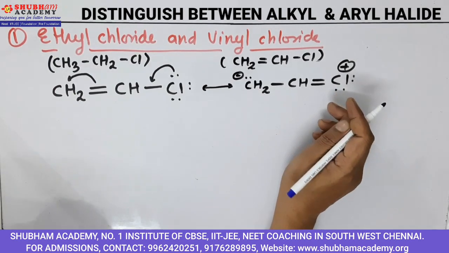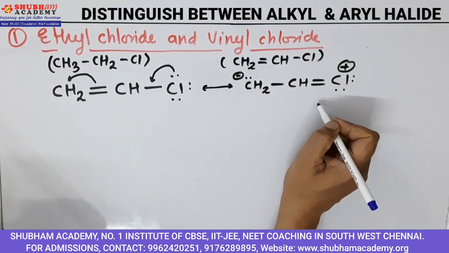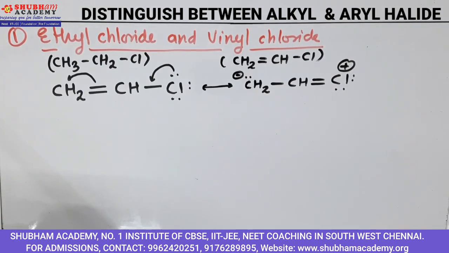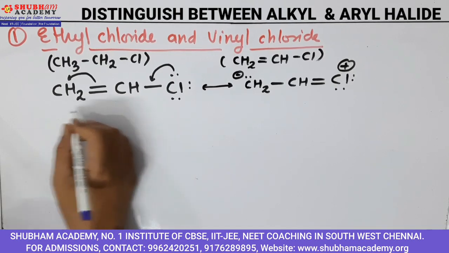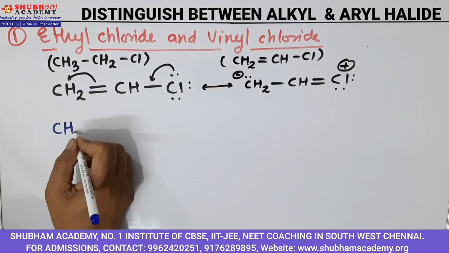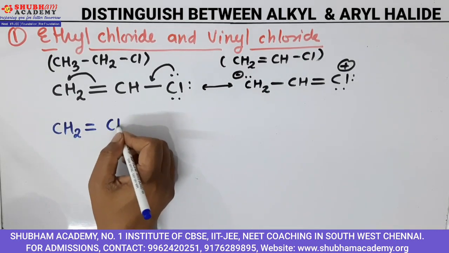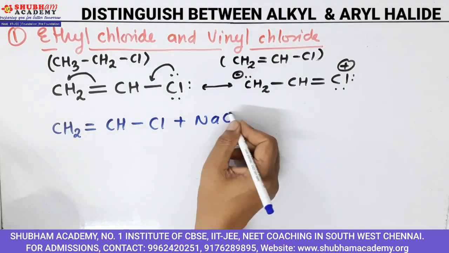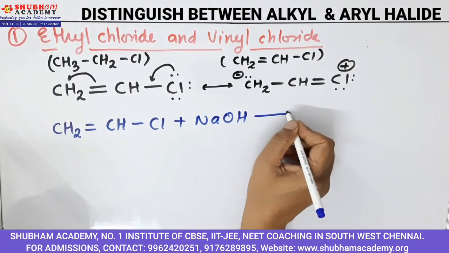Due to this, the bond strength of this bond increases and it is difficult to break this bond, right. So if I am treating this vinyl chloride with NaOH, CH2 double bond CHCl plus NaOH, right.